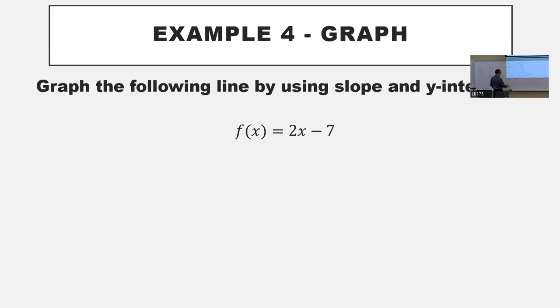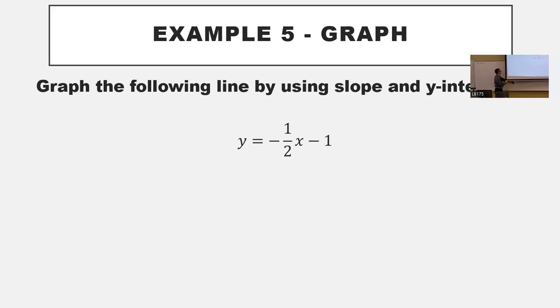Here we have a function, f of x is equal to positive 2x minus 7. And then a second, this one's written as a linear equation.